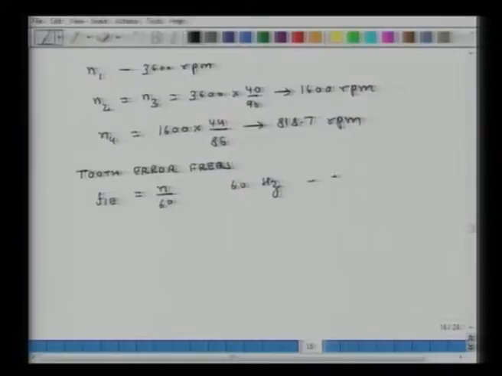For gear 2 and 3 it is 26.7 hertz, and for gear 4 it's 13.6 hertz. Okay. So remember this.